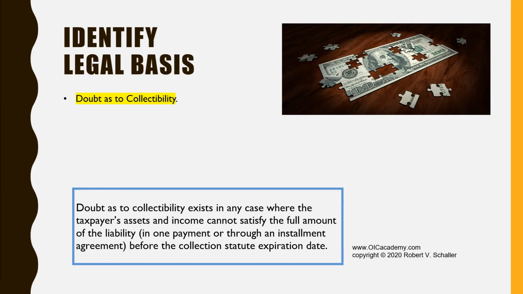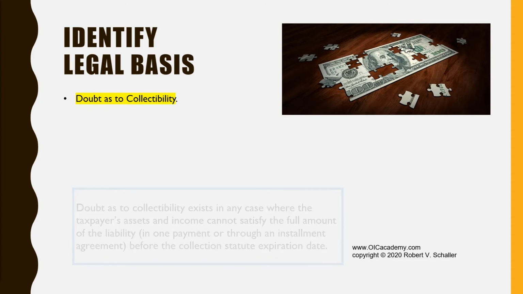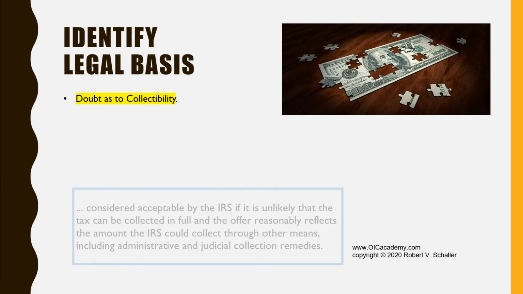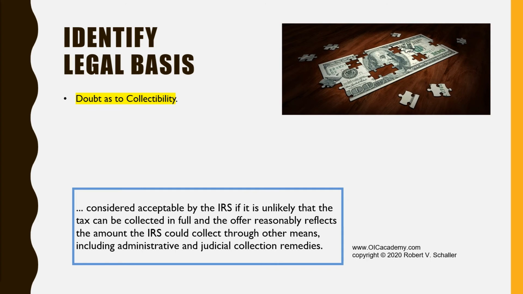An offer to compromise based on doubt as to collectability generally will be considered acceptable by the IRS if it is unlikely that the tax can be collected in full and the offer reasonably reflects the amount the IRS could collect through other means, including administrative and judicial collection remedies.